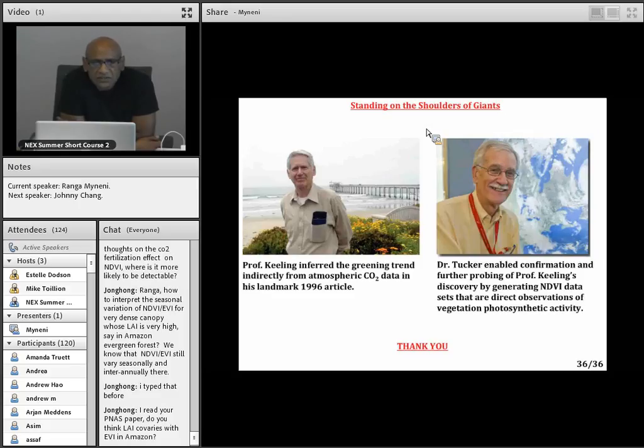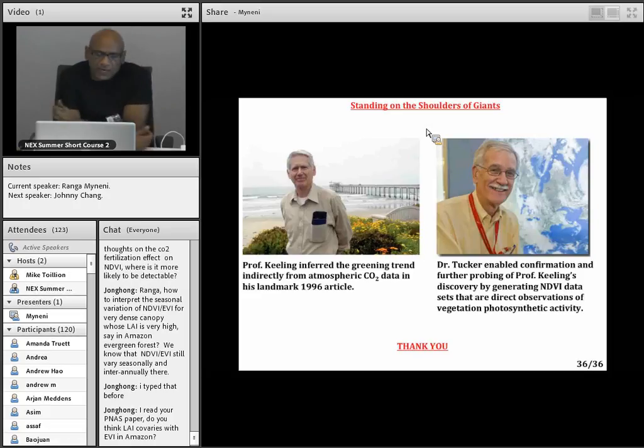Has land cover, land use change been addressed as a driver of greening in different regions globally, such as recovery from harvesting? It has not been addressed. I should have included that in my speculative cases of CO2 fertilization, nitrogen deposition, recovery from disturbances, land abandonment, and so on.